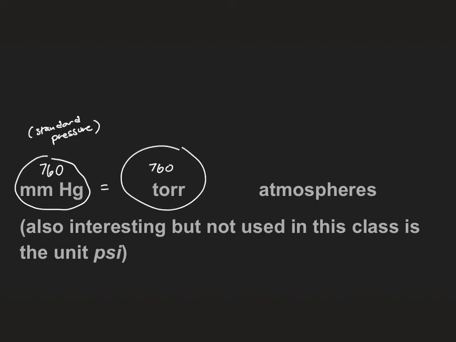This is a unit named after Torricelli. So if I say 760 millimeters of mercury or 760 torr, that's exactly the same measurement. Another pressure scale has units of atmospheres, abbreviated ATM, and standard pressure is equal to the force of 1 atmosphere pressing down on us. These can be used as conversions to go between pressure units.